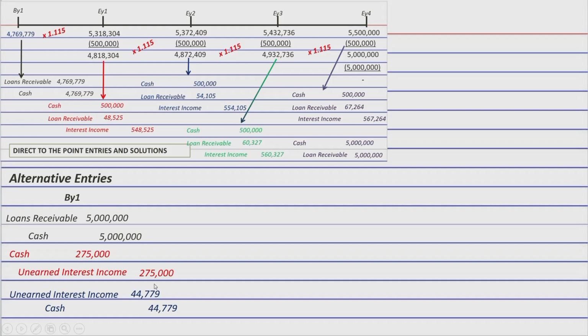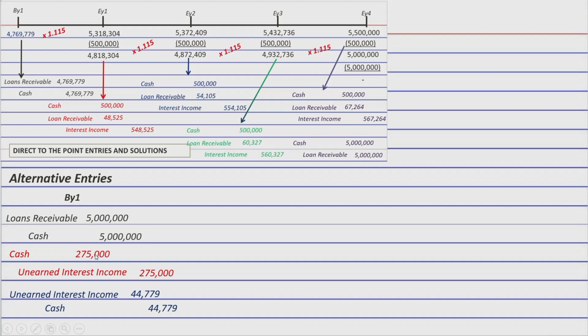So if we compare these two types of entries, the alternative uses a new accounting title, the unearned interest income account. What is this? This is just a contra asset of the loans receivable account, similar to the allowance for doubtful accounts, which is a contra asset of accounts receivable.